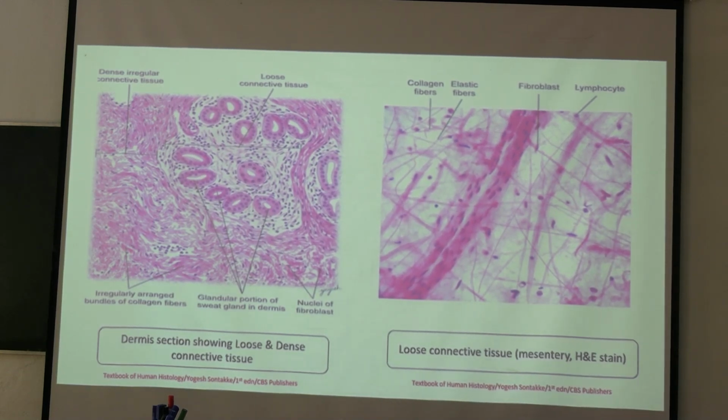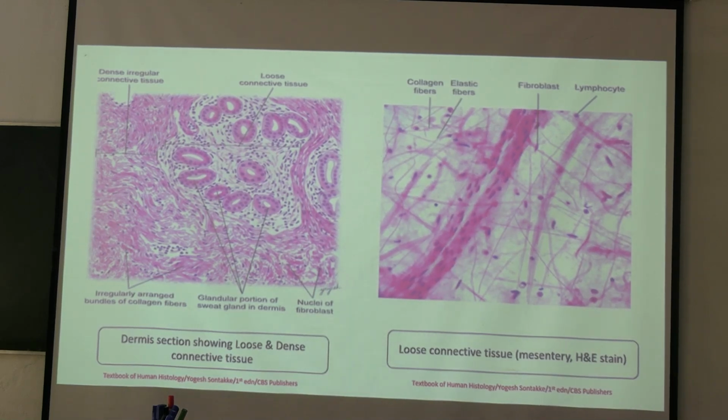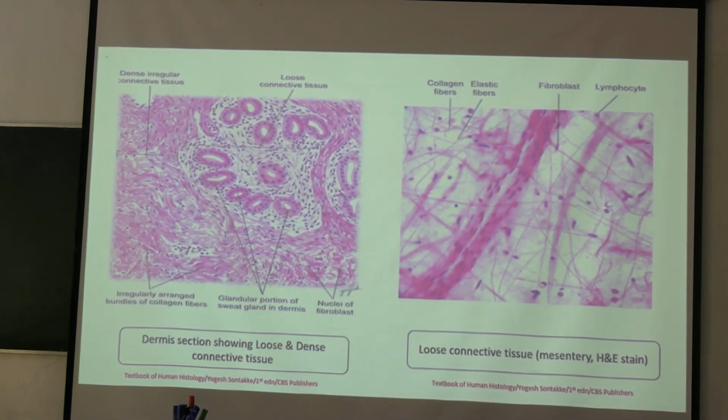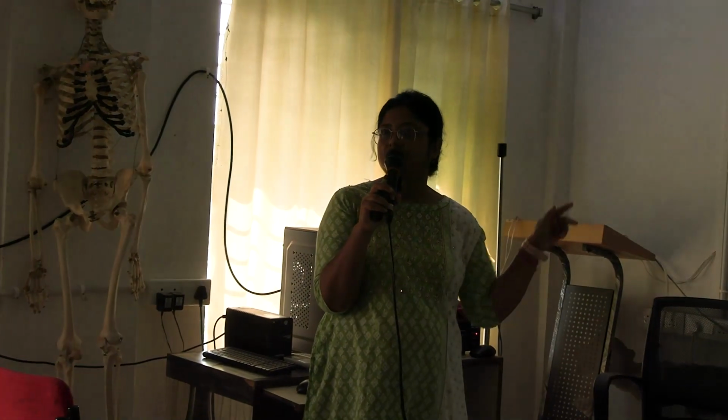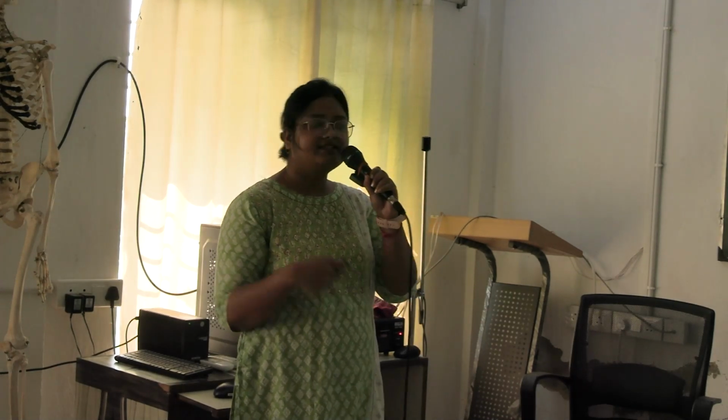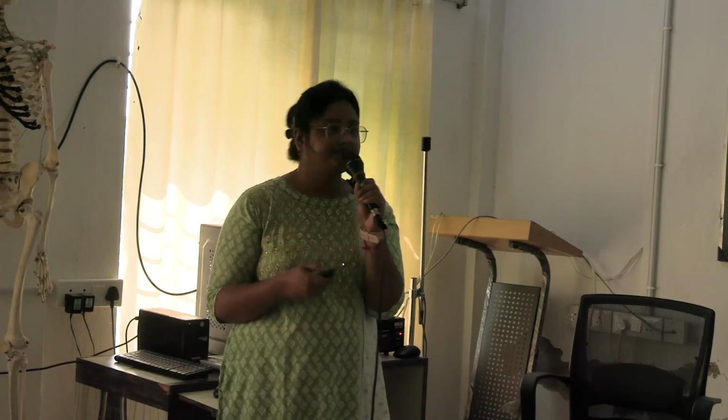So we have completed loose areolar connective tissue, which was in the lamina propria and other locations I have shown you, and this is dense irregular connective tissue, seen in the dermis of the skin. Collagen fibers are denser than in loose areolar tissue, and in between them you will see sections of some blood vessels and some adipose tissue.